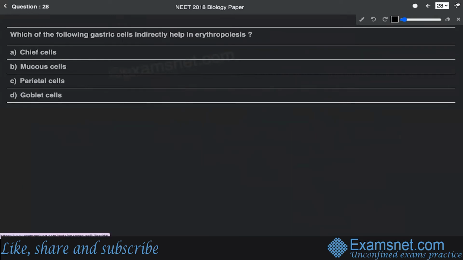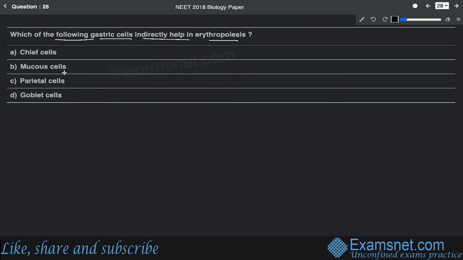Now, question number 28. So question number 28 says that which of the following gastric cells indirectly helps in erythropoiesis? All right. So let me tell you that this question has been asked from human digestion, the human nutrition chapter, basically, nutrition and absorption. Then the options that has been given regarding this are the chief cells, mucus cells, parietal cells, and goblet cells.